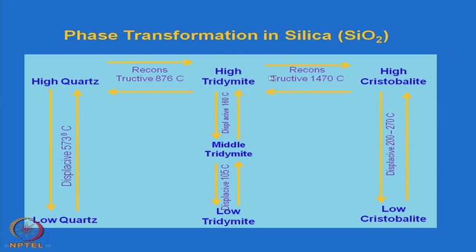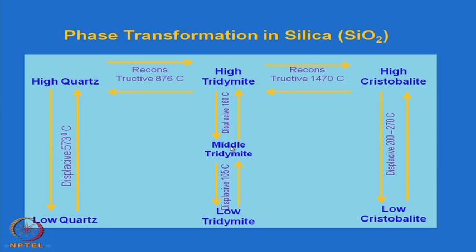Then if it is heated still further, this transformation takes place around 876 degree centigrade, and then around 1470 this goes to cristobalite, and then beyond that of course silica melts at around 1710 degree centigrade.